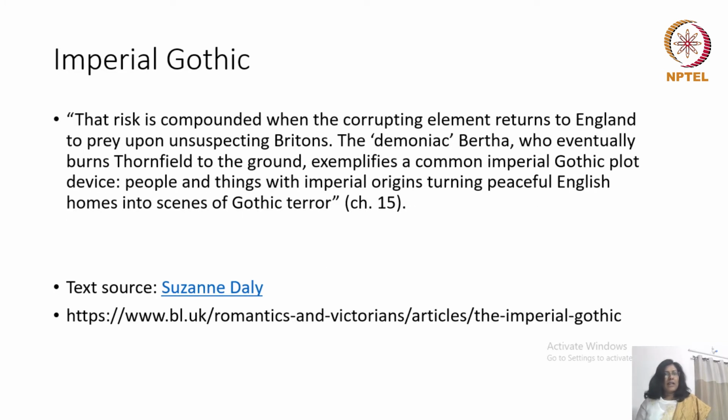That risk is compounded when the corrupting element returns to England to prey upon unsuspecting Britons. The demoniac Bertha, who eventually burns Thornfield to the ground, exemplifies a common Imperial Gothic plot device: people and things with imperial origins turning peaceful English homes into scenes of Gothic terror.